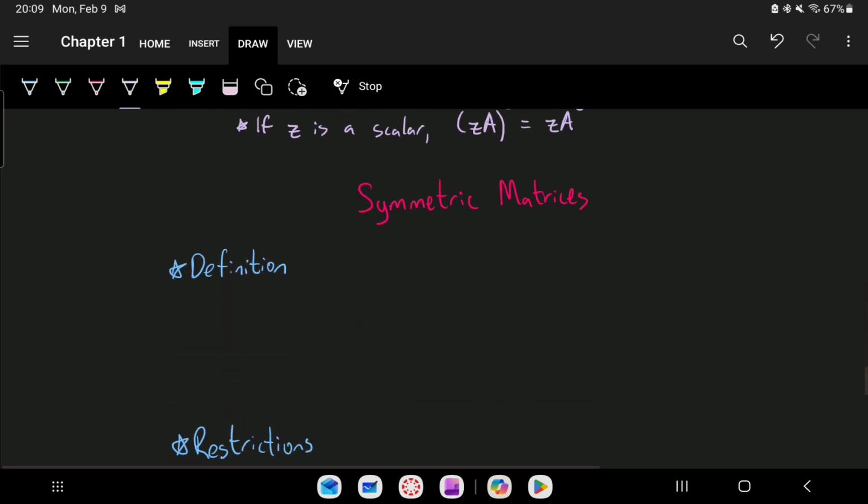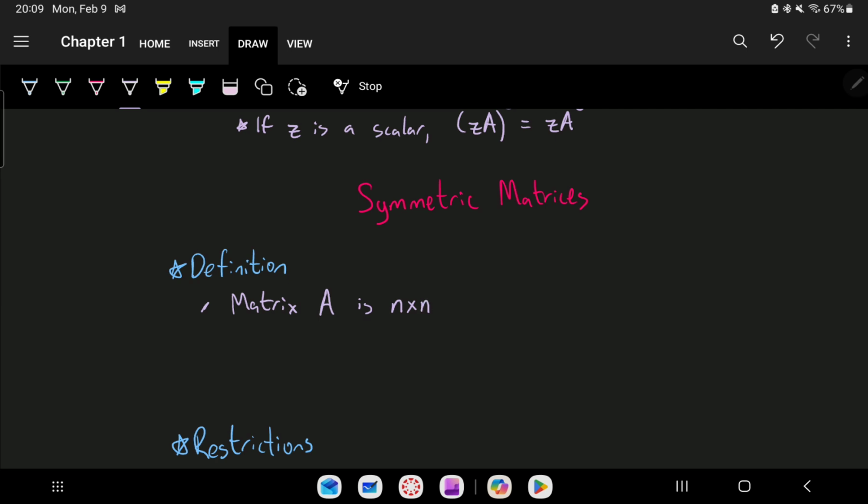And similar to transposition, kind of going off of that idea, is the idea of a symmetric matrix. So far this hasn't been quite as common as transposition or matrix algebra, but it's worth mentioning. So the definition of this is that matrix A is an n by n matrix.